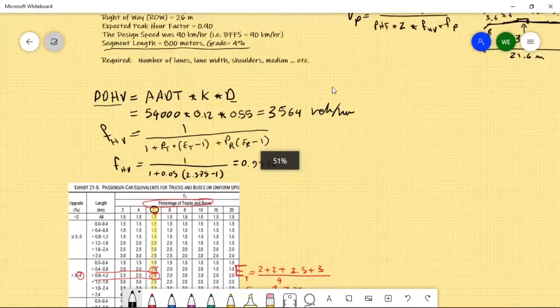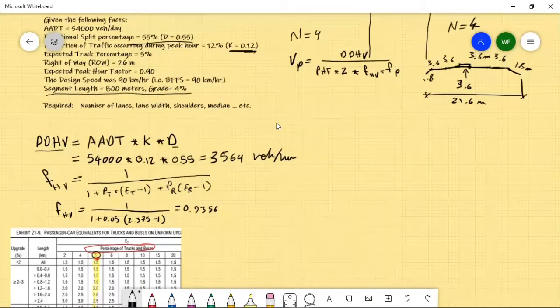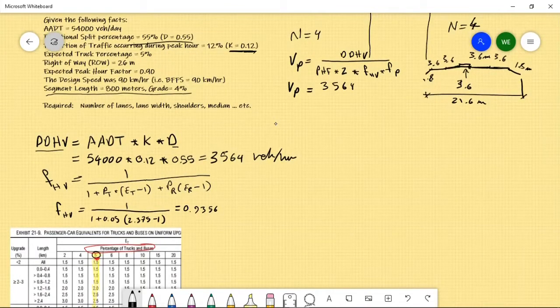So basically, the VP will equal 3564 divided by peak hour factor. The peak hour factor was 0.9. 0.9 multiply 2 multiply 0.9356.